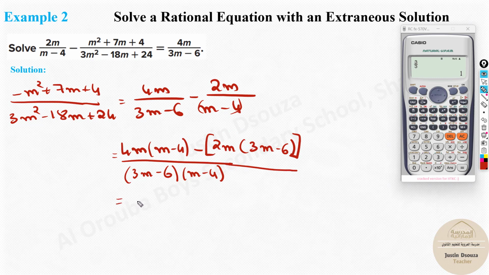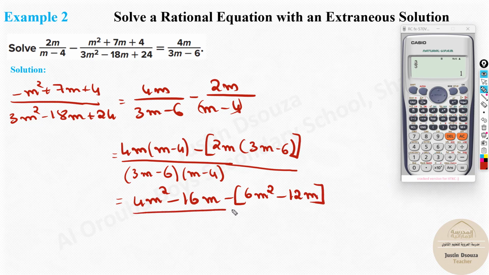Now let's simplify this. It will be 4m squared minus 16m. This will be minus of 2 times 3 is 6m squared minus 12m, and divided by, over here I'll have to do the FOIL method. The first term with the first term here, 3m squared.